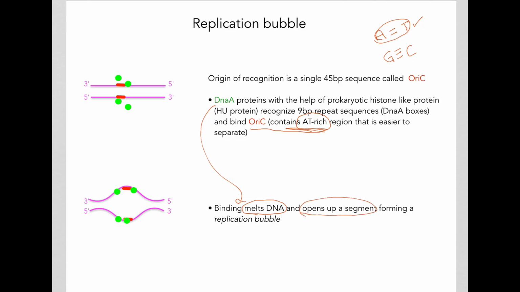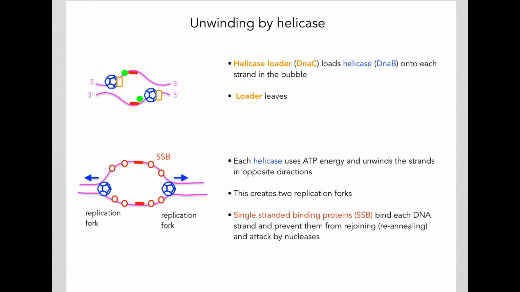So you can see one strand separated from the other strand due to melting by the DNA A as well as the HU proteins, and this creates what we call a replication bubble. After making this bubble, there is now a lot of space available between the two strands. We see another protein, a DNA C protein called a helicase loader.